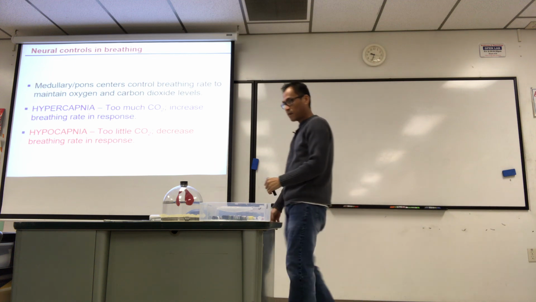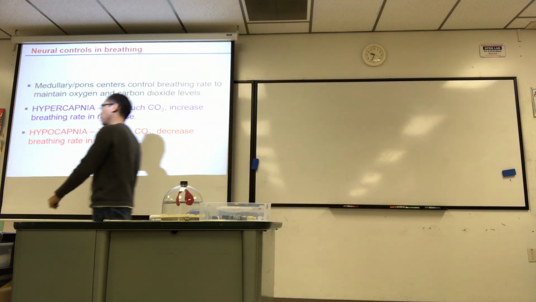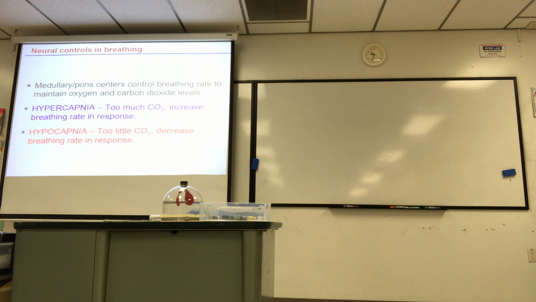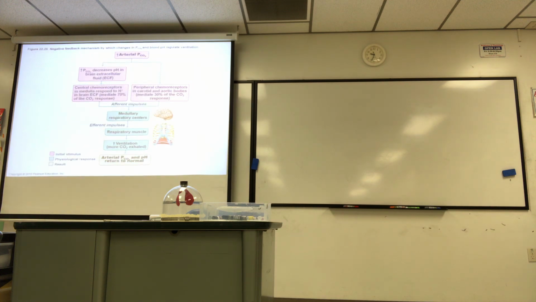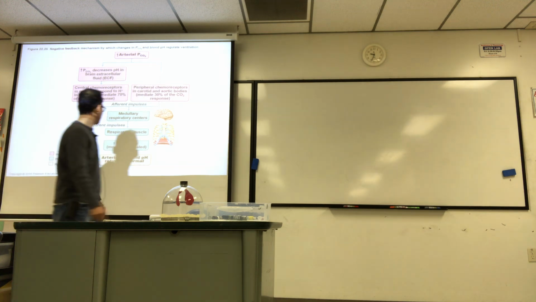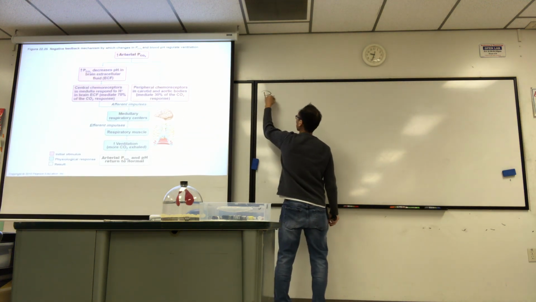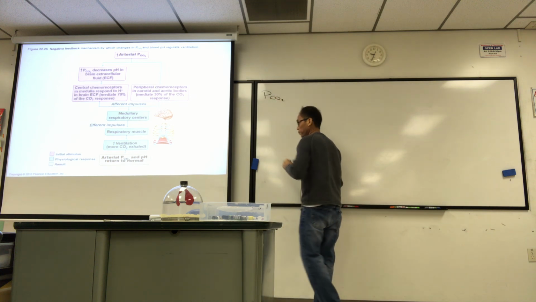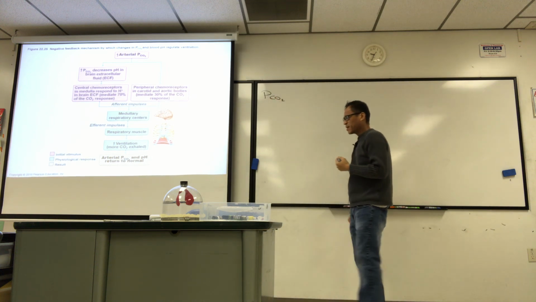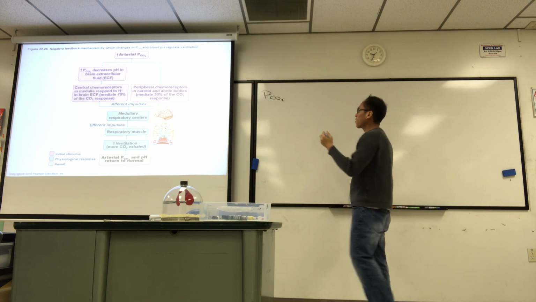Let me go through the flow chart that shows you how it's controlled by the brainstem. So we're trying to regulate blood levels of CO2. Partial pressure, CO2. In arterial blood, it's around, to put a number to it, it's around 40.